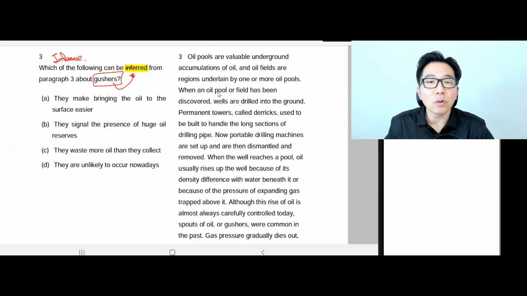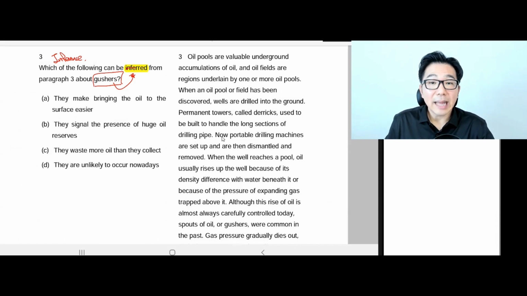When an oil pool or field has been discovered, what do you need to do? Wells are drilled into the ground. You drill into it and get the oil out. Take the money. Permanent towers called derricks used to be built to handle the long sections of drilling pipe. So when they found an oil pool or oil field in the past, they built permanent towers to drill it.